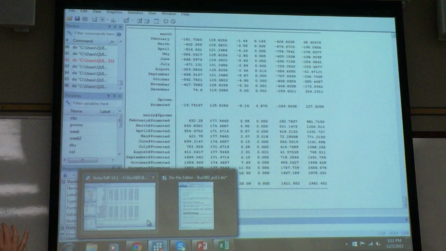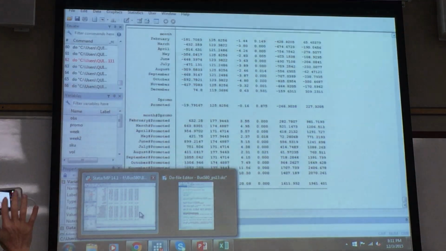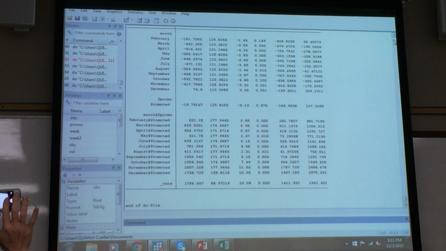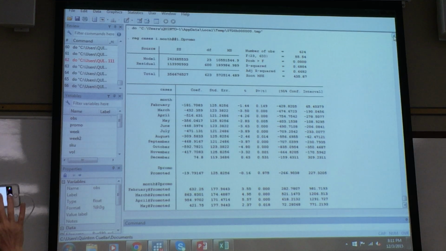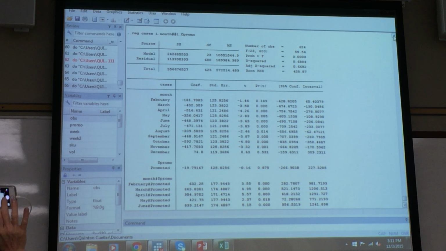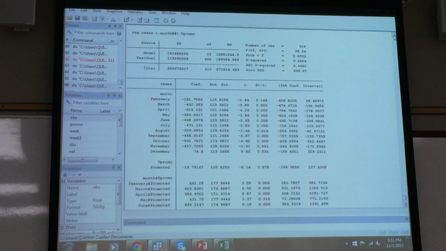We haven't talked about factor variables, have we? Yeah, what is a factor variable? Take a look at it. That's a factor variable. So we've got cases, beta 0 plus beta 1, not beta 1, we don't have pricing yet.